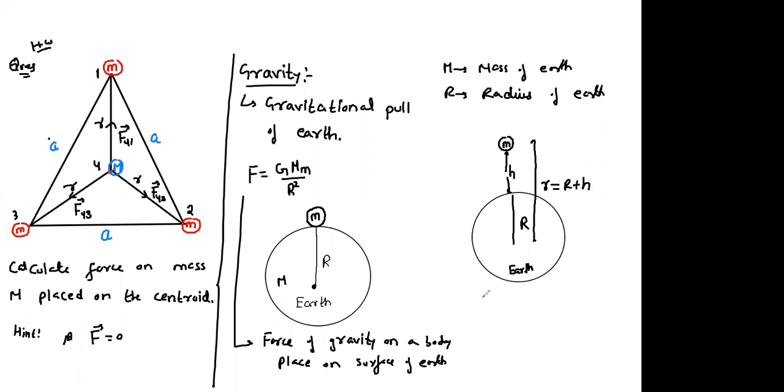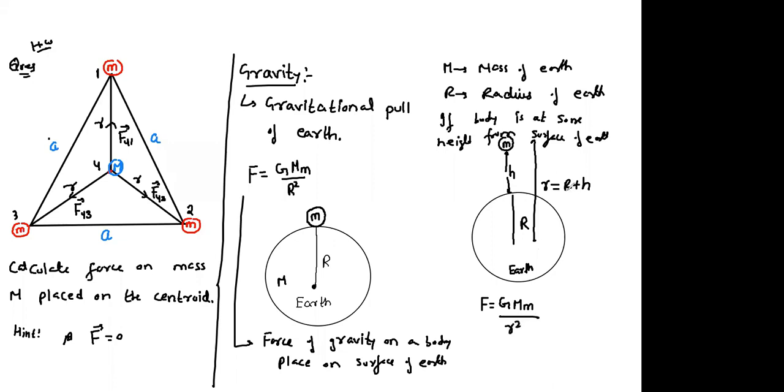Then the force of gravity in this case, let's say the body is at some height from the surface of Earth, would be GMm by r square.